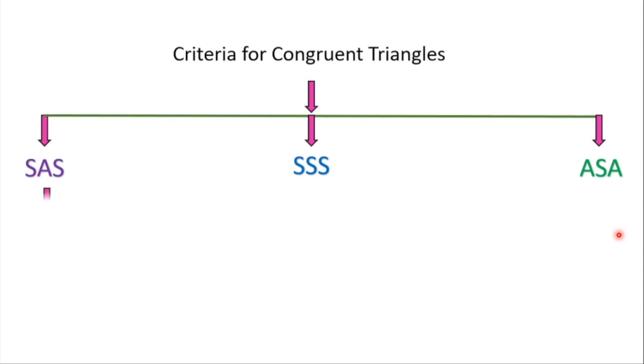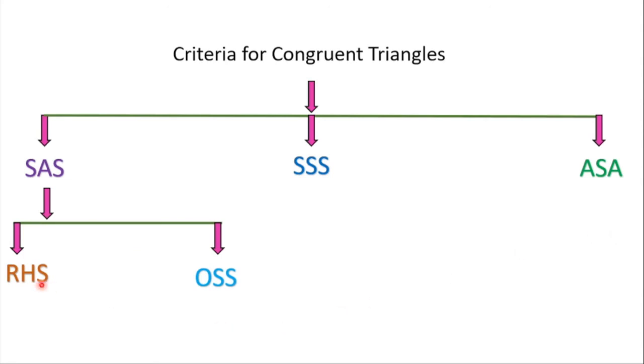Under SAS, we can have two sub cases like this: the first being RHS and the second being OSS. What we are trying to understand is that RHS and OSS are the particular cases, extensions of SAS only, which can be easily proved with the help of SAS and other criterions.